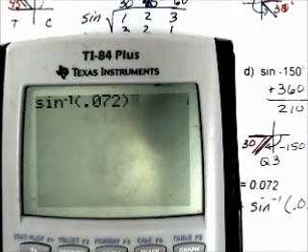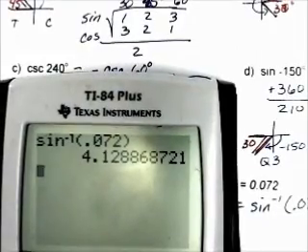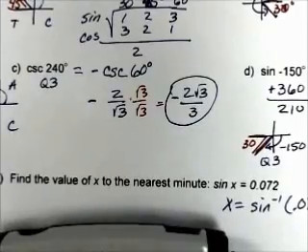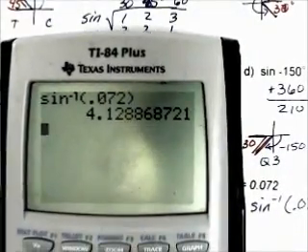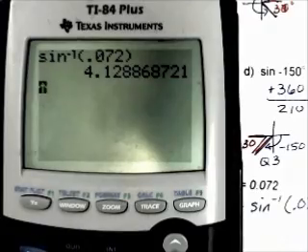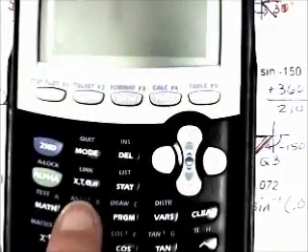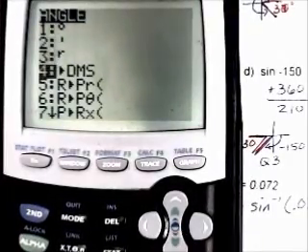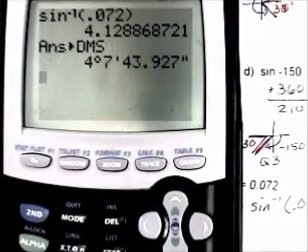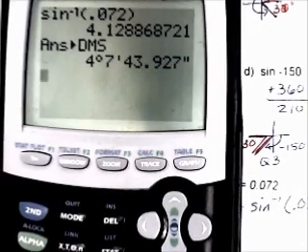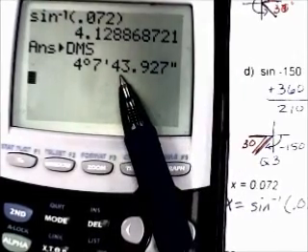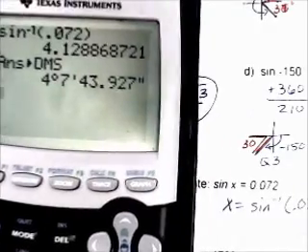This is the decimal degrees. We need to the nearest minute. So we will press second angle, and DMS is number 4. So 4 degrees, 7 minutes, 43.927 seconds.